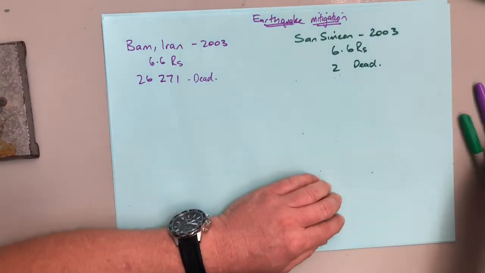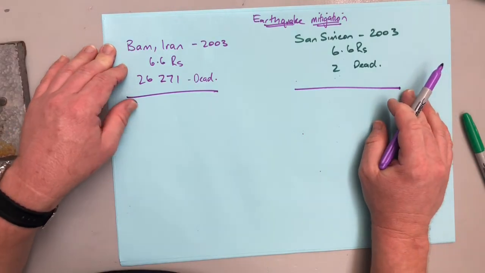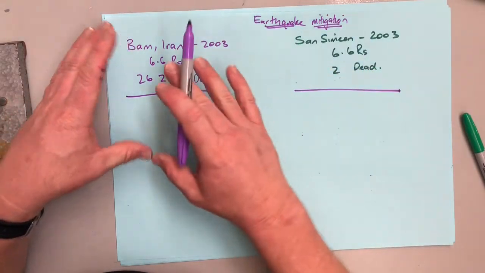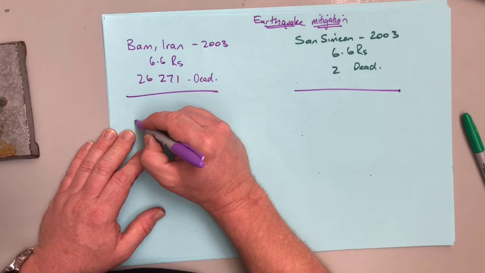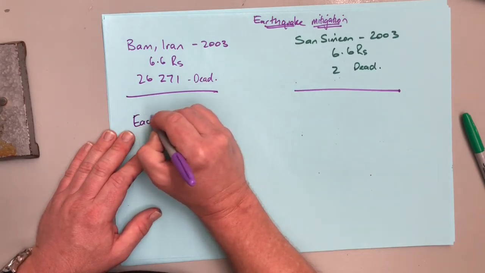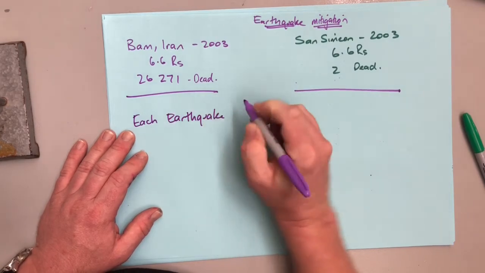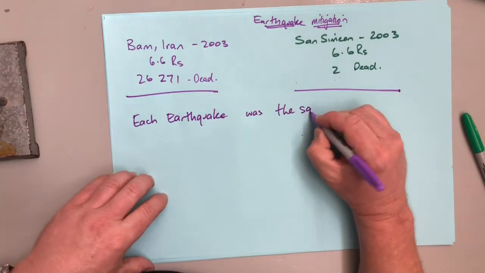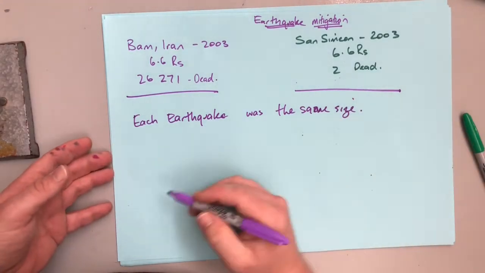If we're looking at the vulnerability of each of these, what impact did the social, economic and physical vulnerability of each place have on the impact? Each earthquake was the same size, but it had different impacts.